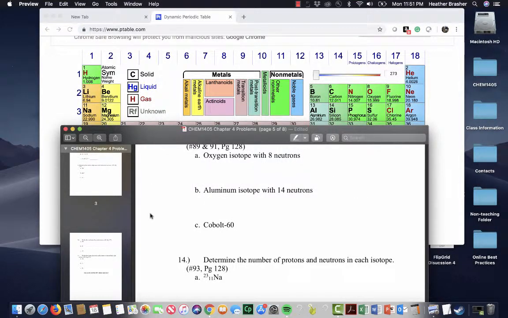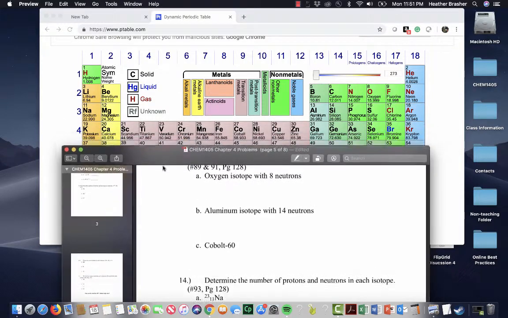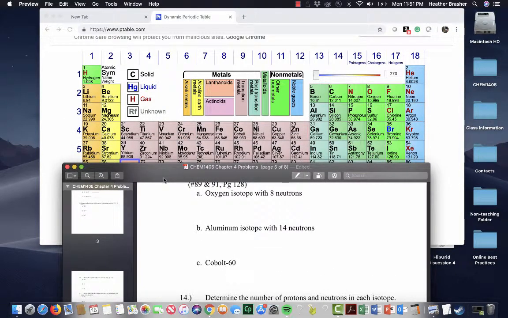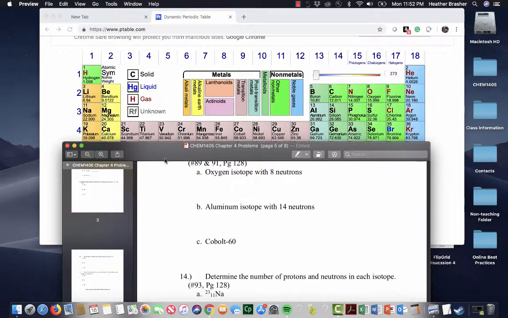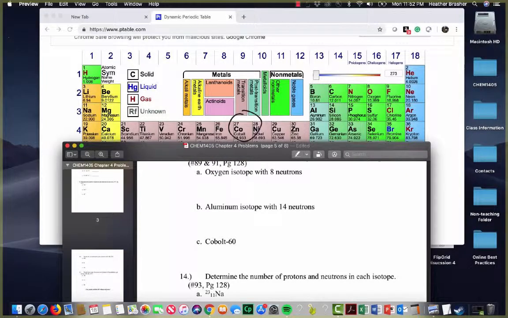Let's do cobalt. Here we go. So cobalt is right here. So cobalt has the atomic number of 27.